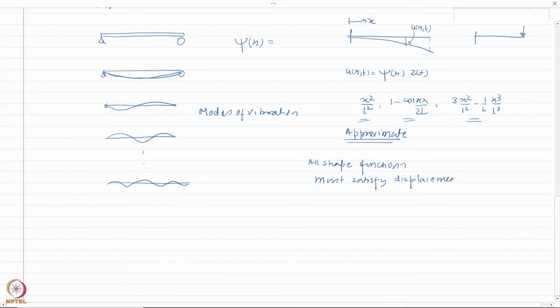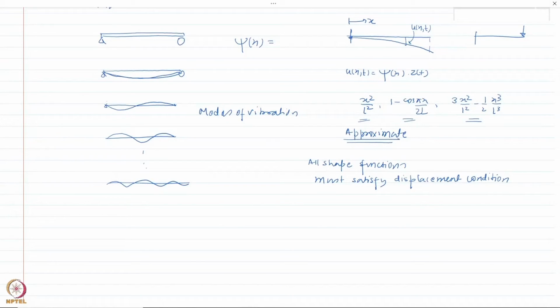And what is a displacement boundary condition? For example, this cantilever beam has 0 displacement at its left end as well as 0 rotation. So whatever shape function I select must satisfy that.